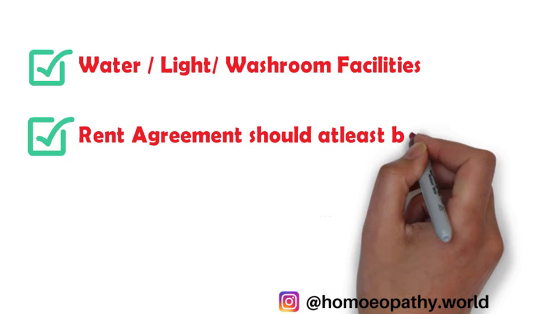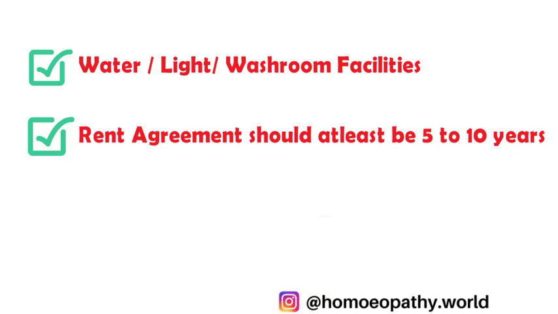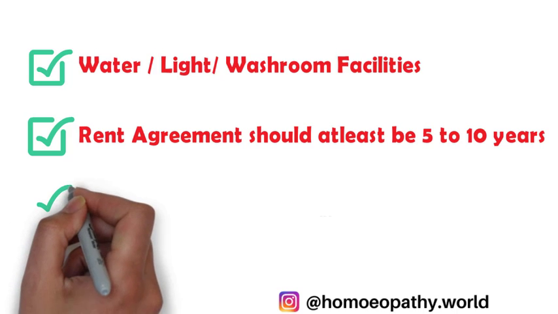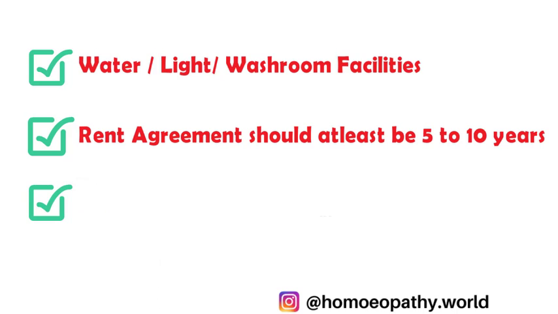Even if it is on a contract agreement or on lease, it should be available for you for at least 5 to 10 years, so that once you set up a good practice and are popular in that area, you need not shift the practice or have difficulty in relocating your clinic, because once you set up a good practice and become popular in that area, it is very difficult to relocate.